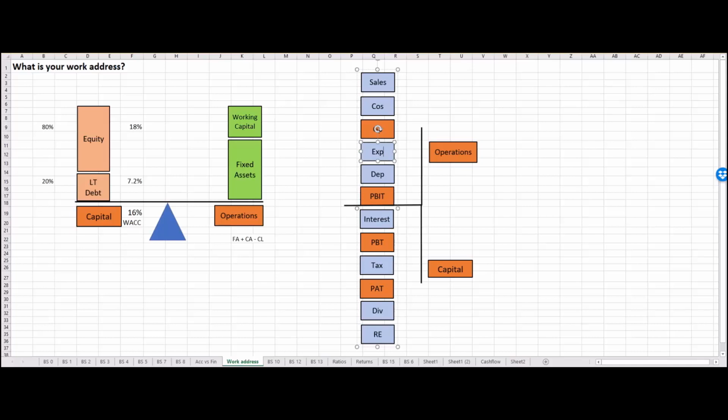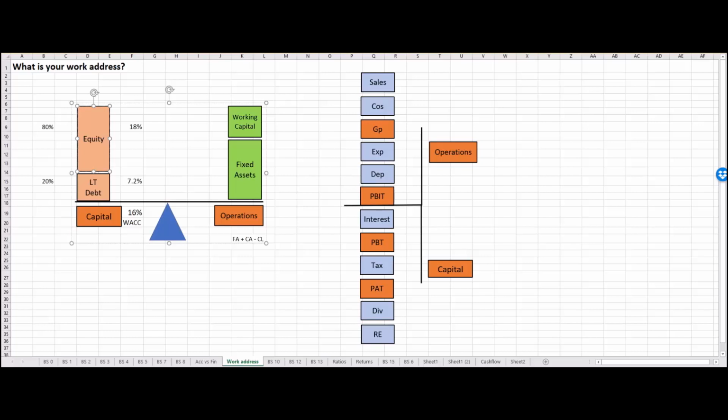So I'm hoping now you have been able to identify the suburb that you work in and therefore the street address that relates to what you do in that suburb. If you find yourself in the capital suburb, well, of course, the interest expense that relates to the debt and the dividend down the bottom here that relates to the equity are very important components in your world.